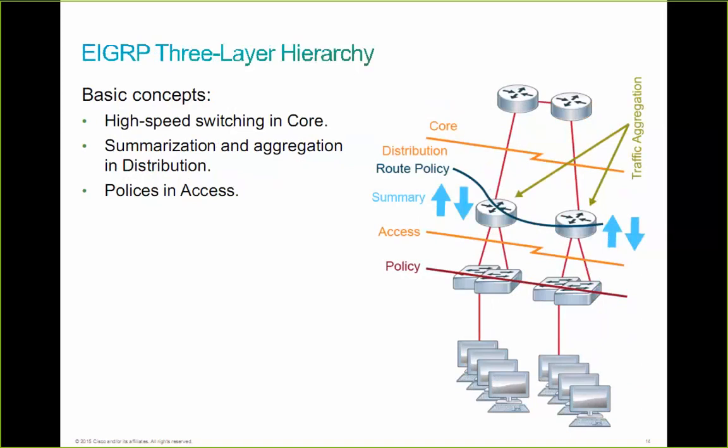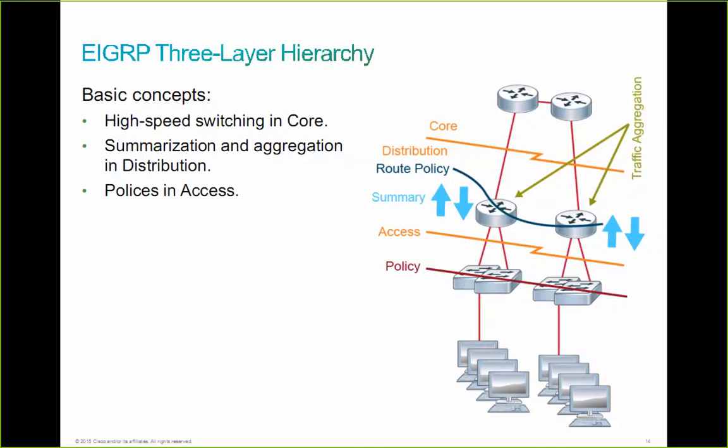Just like the 2-layer design we saw on the last slide, the core layer's goal is to get traffic from one logical area of the network to another as quickly as possible. High-speed switching of packets, again, avoid the use of complex policies in the core, avoid implementing QoS policies or security policies or whatnot. And also avoid reachability and topology aggregation inside the core itself.